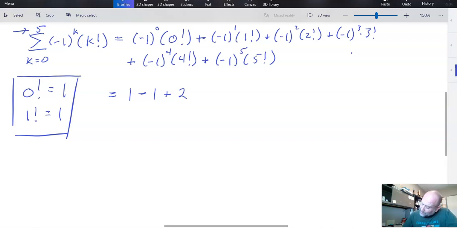The next one is minus. And once you know that the signs alternate, you can just keep alternating them until you're done. 3 factorial is 6. And then 4 factorial is 24. And then 5 factorial is 120. So those are the terms of this series.